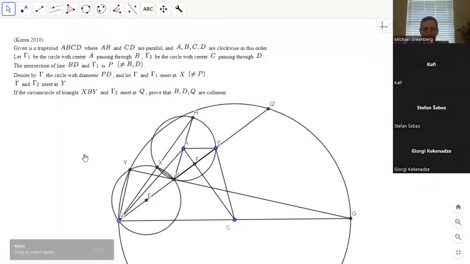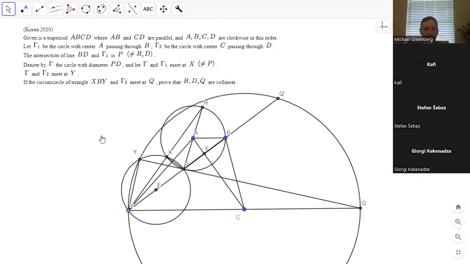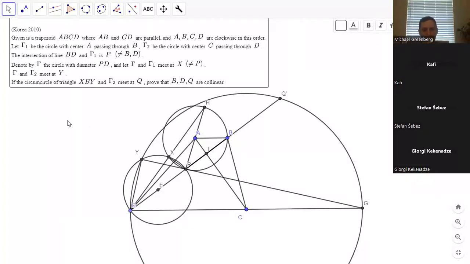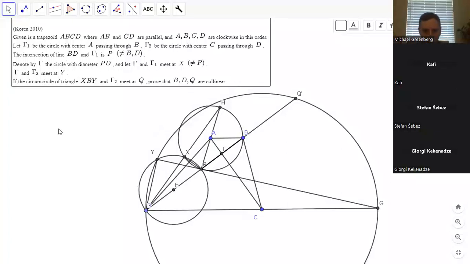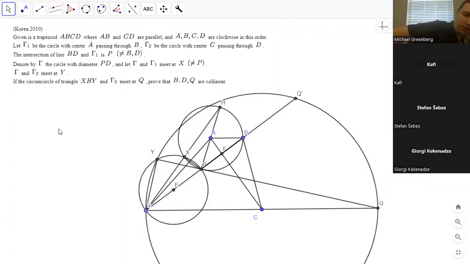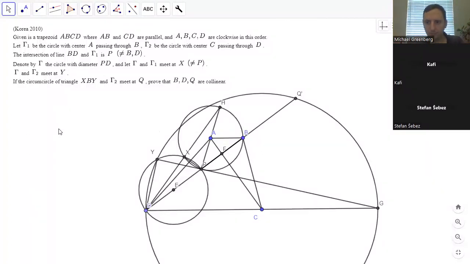So DYP is 90. I cannot figure out the angle chase now because it is different. No, okay. I think I got it.